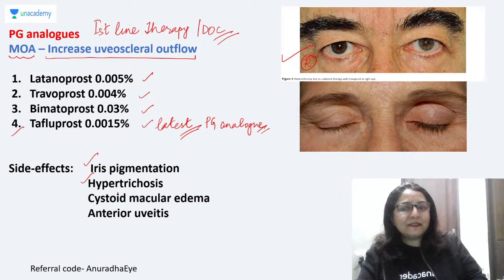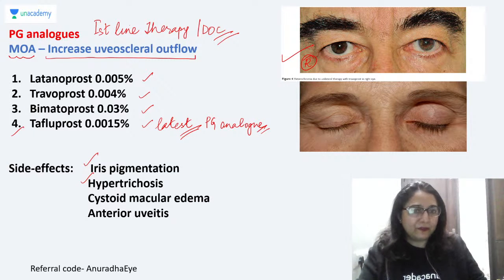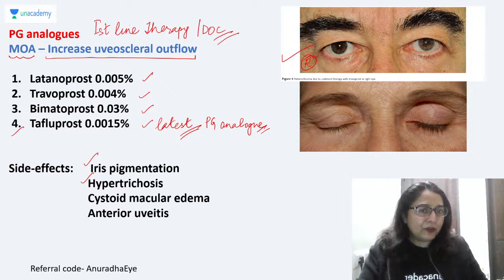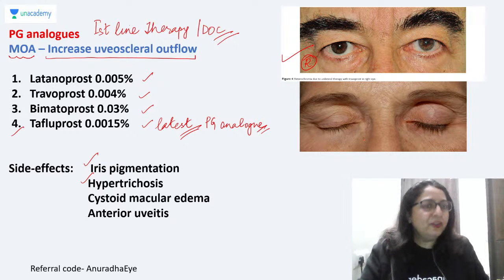Then the second effect is hypertrichosis. Look at this figure. Again, this patient has been using the prostaglandin analog unilaterally, and if you compare the right eye with the left eye, you can see the eyelashes are longer and more dense.